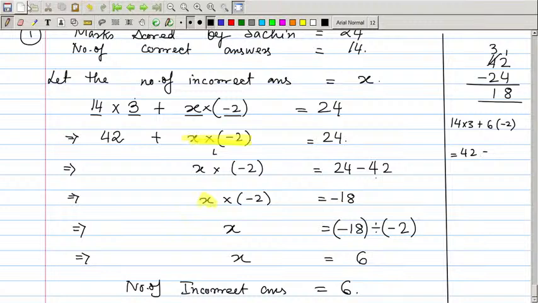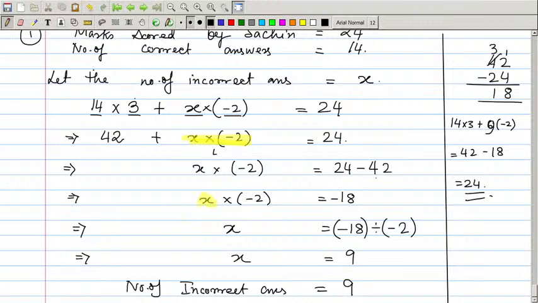Oh, sorry, this will be 9. See, this is how you come to know that you have gone wrong somewhere. So this should be 9. So this is minus 18, which gives 24. So when you recheck your answer, yes, it will be 9. I got it. My mistake, silly mistake. So this is my correct answer.